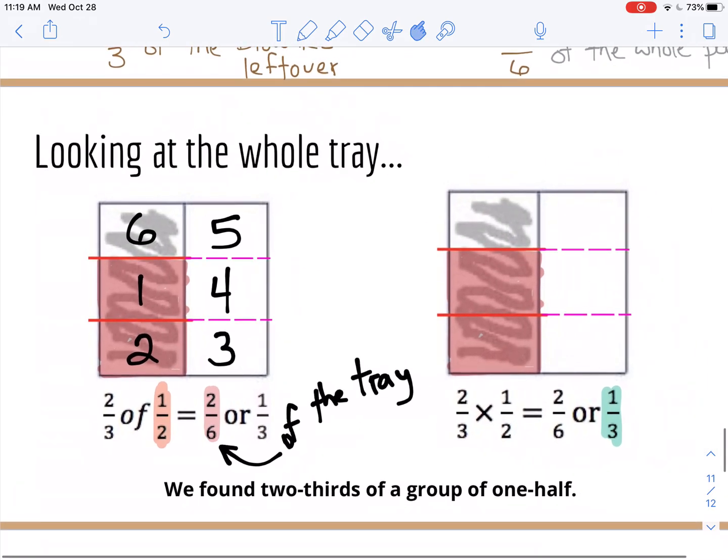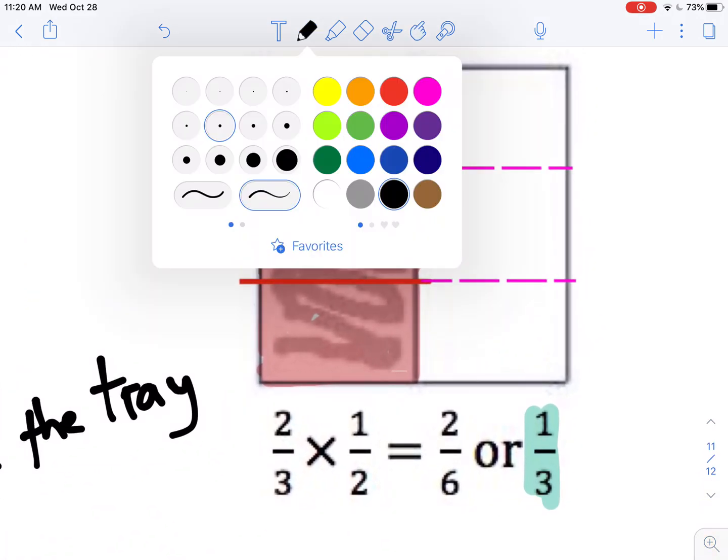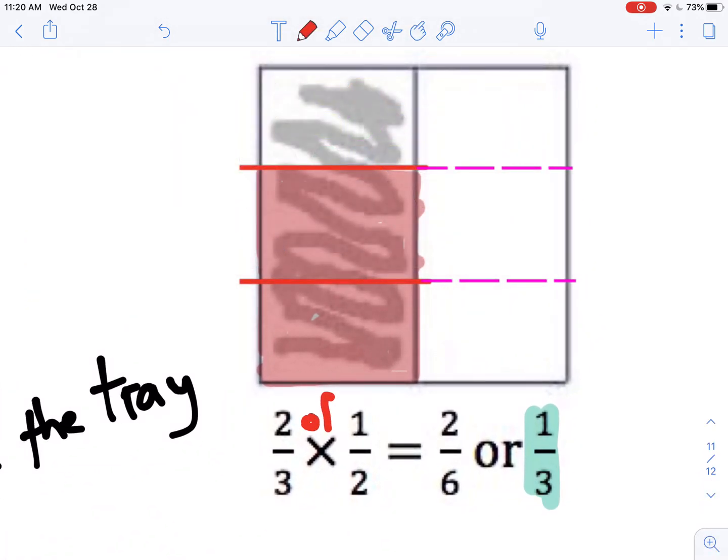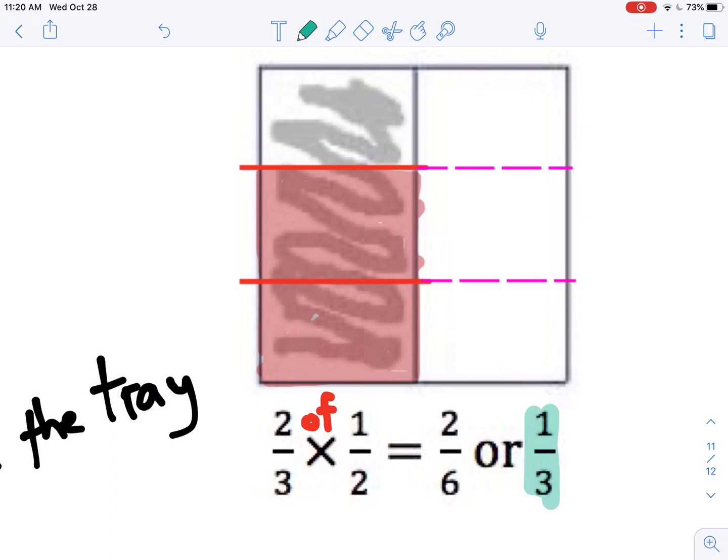The other way I can see this is that he had 2/3 of the half, but I can see this time as a third. Here's my tray in thirds. There's 1.